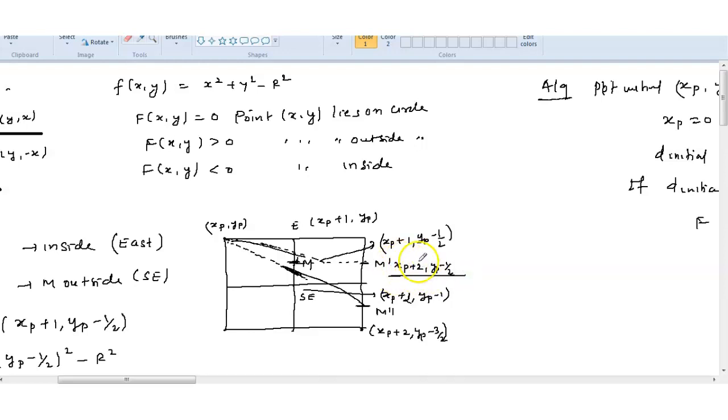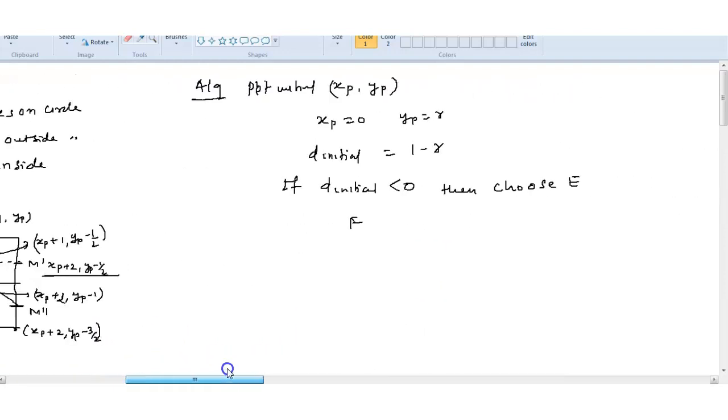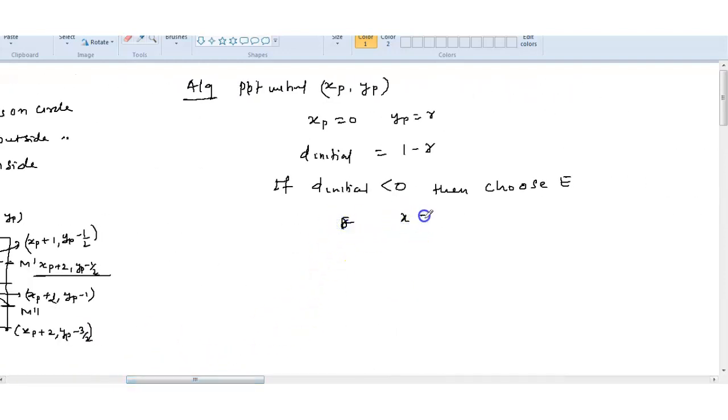Means x coordinate will change by 1, y coordinate will be as it is. So we can write it here, x will be incremented by 1, xi plus 1, and y has no changes. And d new, we got it here: d old plus 2xp plus 3 as we did in the derivation.